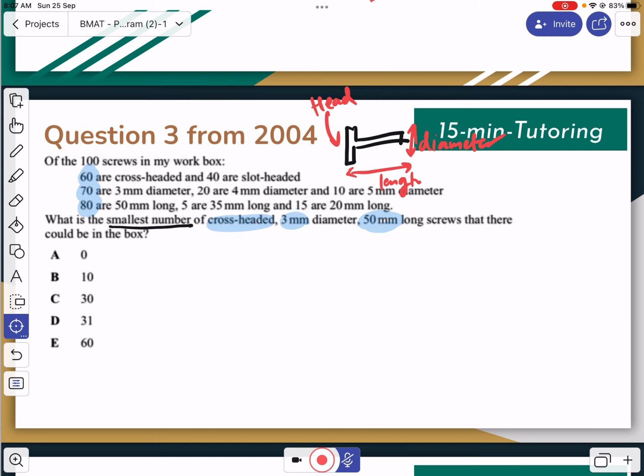And finally, screws which pass both the first round, step 1, and the second round, step 2, that will be the answer. So step 1: we have cross-headed and also 3 mm.